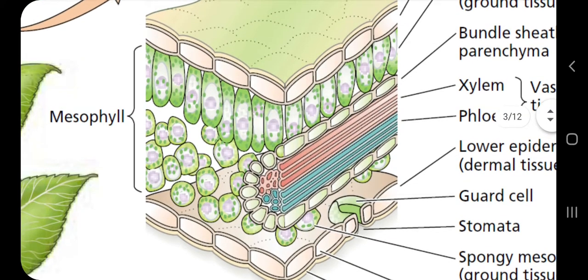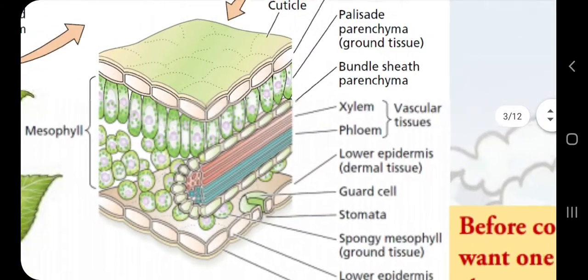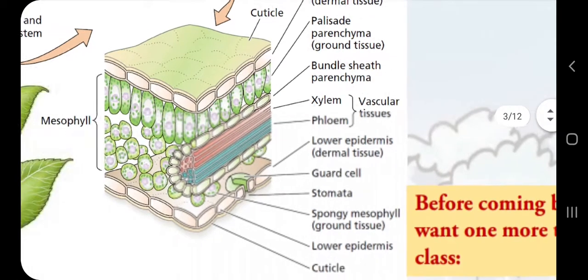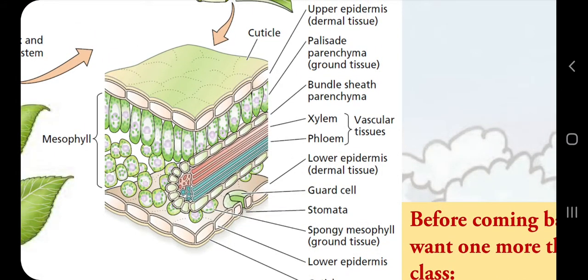Now in this structure we can see so many structures. Let's not go into that much detail, but have a general idea that the upper skin and the lower skin of a leaf have tiny chambers which are epidermal cells, the cells of the skin of the leaf.